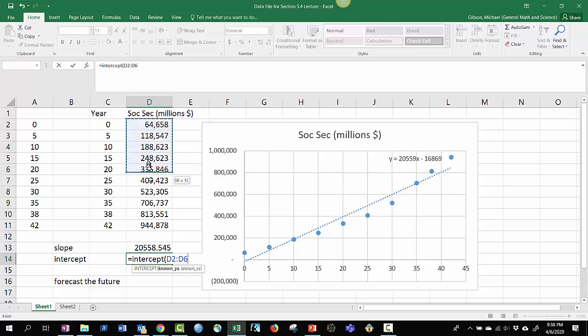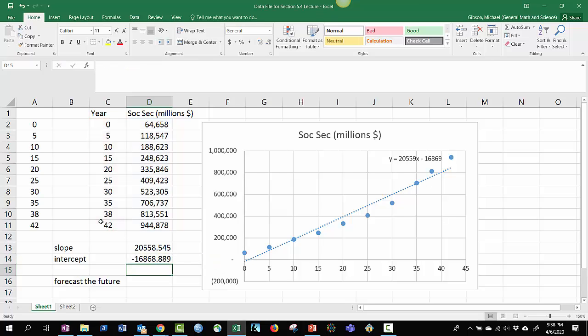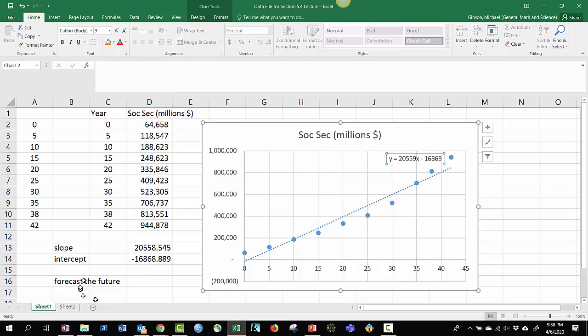Highlight the known y's, comma, highlight the x's. All right, there's our intercept. You can just write y equals mx plus b from that. And if you round it to the same whole number like we had over here, it's exactly the same. It's just a lot quicker because we didn't have to go through all that stuff with making the graph.